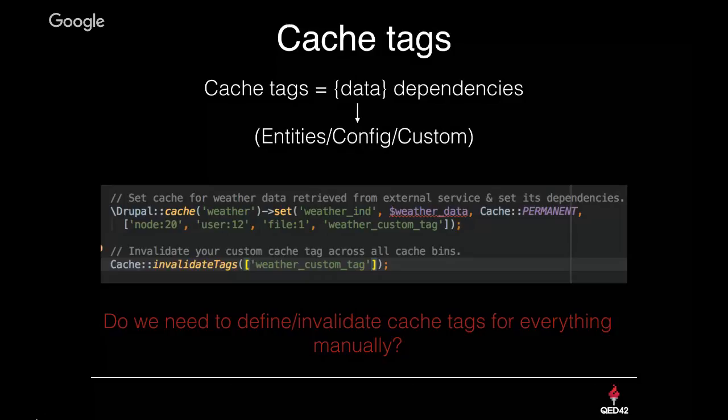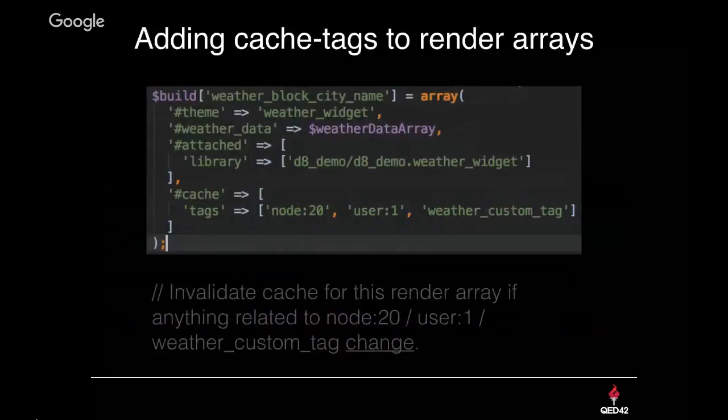So unless you're doing something custom, you don't really need a custom cache tag. Okay. At the same time, if you're introducing a custom cache tag, it becomes your responsibility to invalidate that custom cache tag, because Drupal would not know about this cache tag, and neither would it know when to invalidate it. Now, what invalidation is, we'll see in a couple of minutes, or how it happens under the hood.